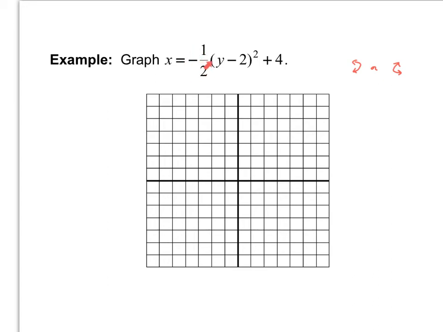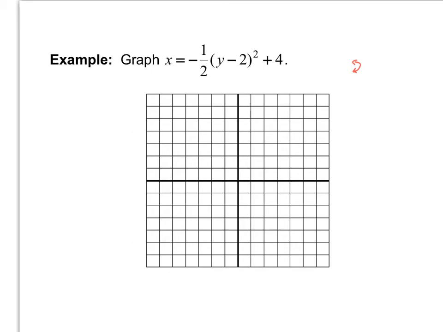If this is a minus, which it is, then my graph is going to open towards the negative end of the x-axis instead of the positive end. So for my particular graph, I can erase this one because I know that my parabola is going to open to the left.